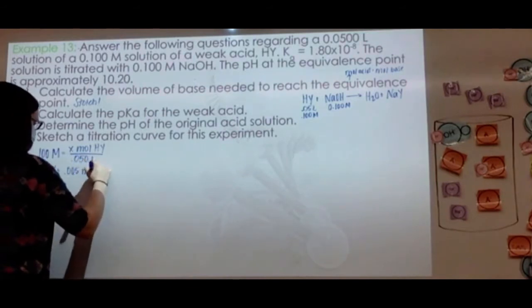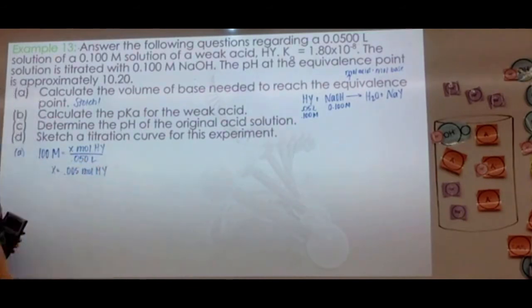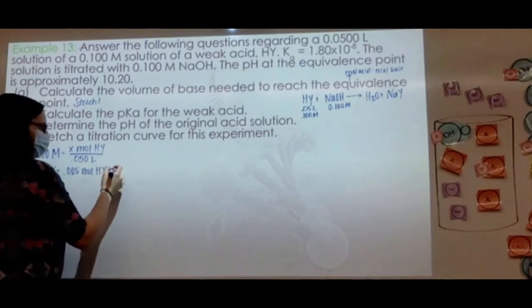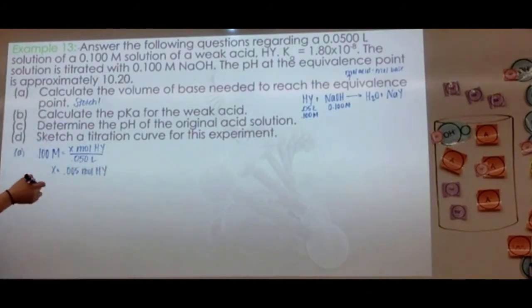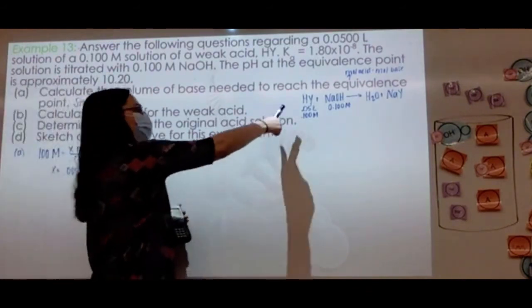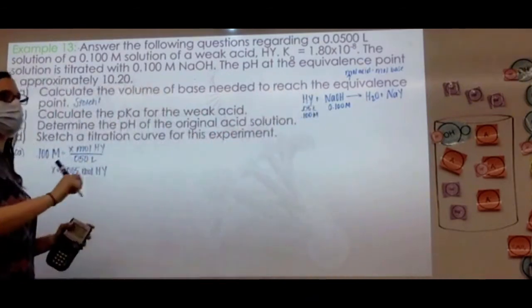.005 moles of HY. We know at the equivalence point these are equal. The reason these are equal is because it's a 1-to-1 mole ratio.